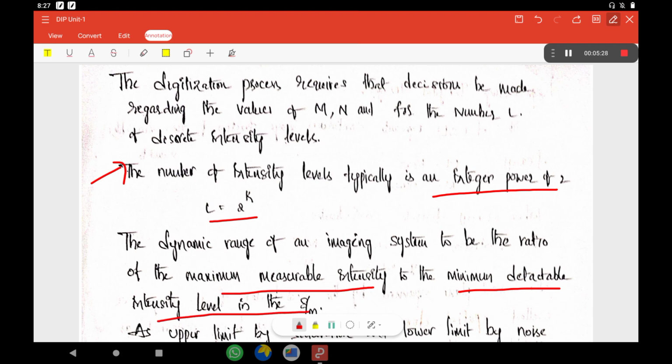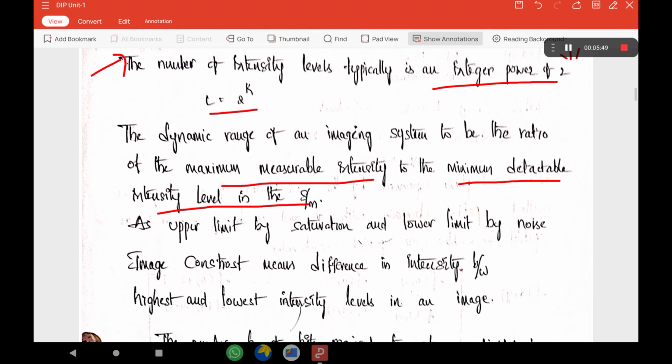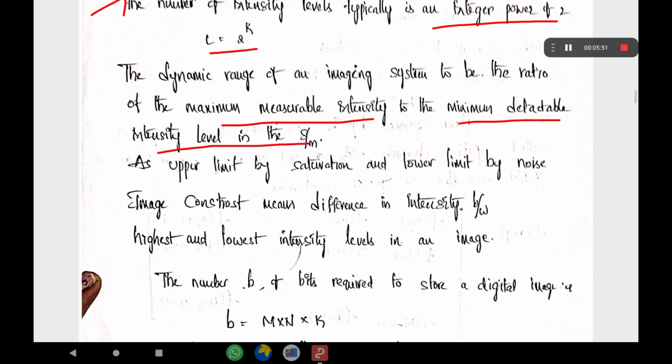If 0 is the minimum value, L minus 1 is the maximum intensity of the image, with the upper limit set by saturation and the lower limit by noise.